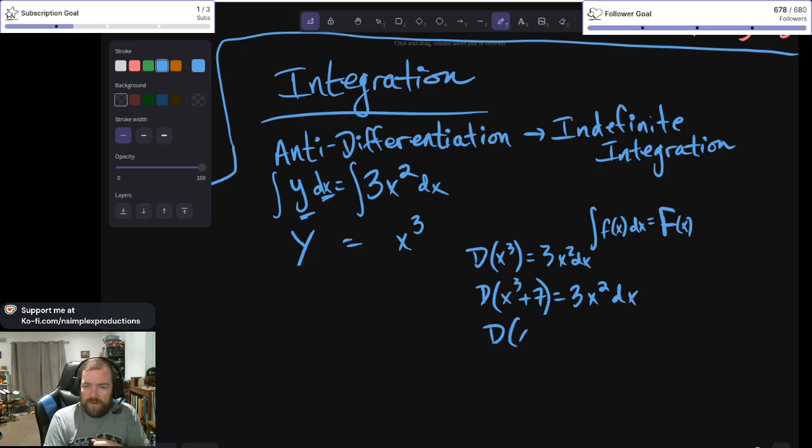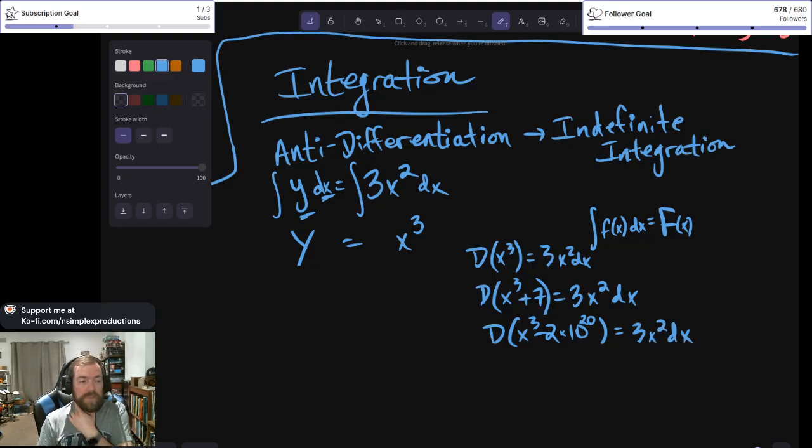If we take the derivative of x cubed minus 2 times 10 to the 20th power, we get 3x squared dx. So all of these are the same. When you take the derivative of something that has x cubed, and then we add any constant we want on the end of it, we always get the same derivative. Think about why that is for a minute.